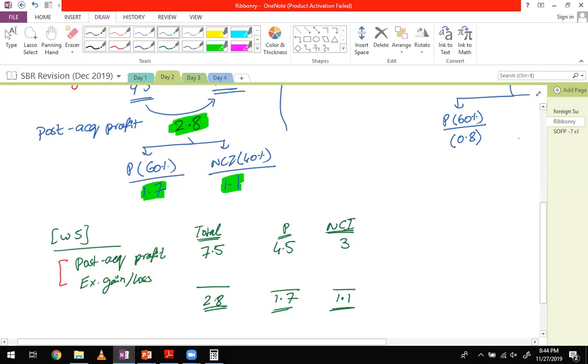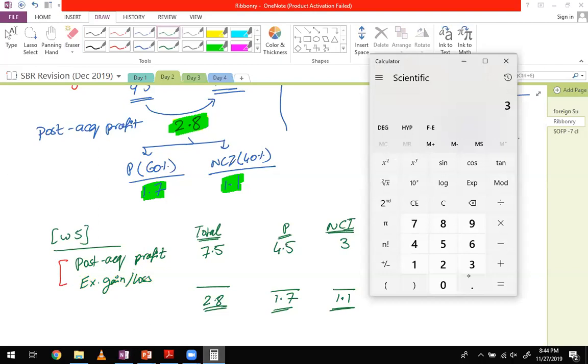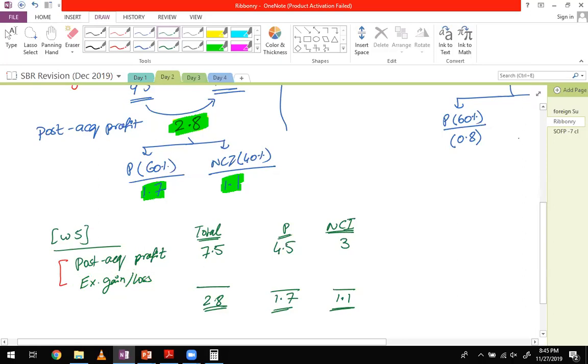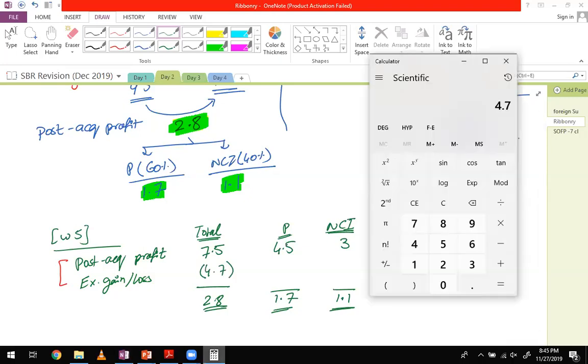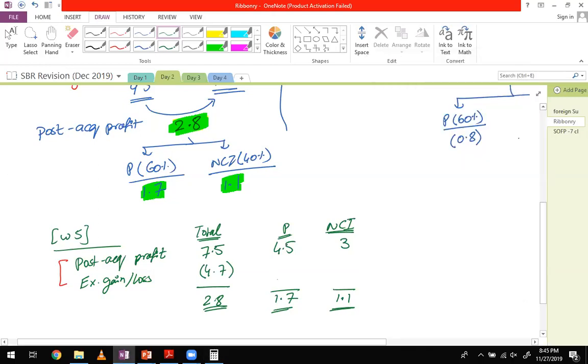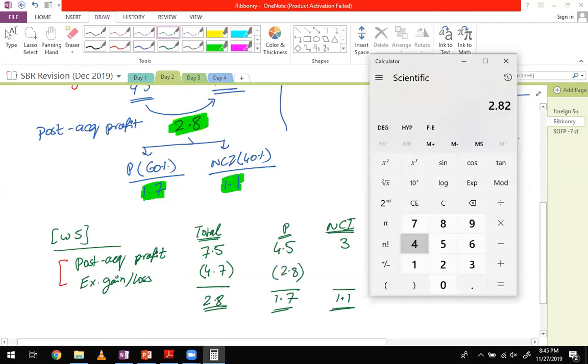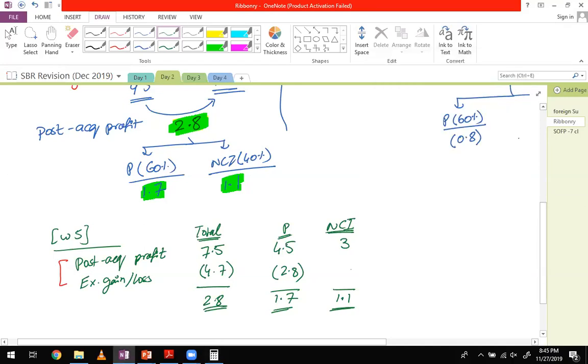So if I calculate the balancing figure, 7.5 minus 2.8 would be 4.7. So 4.7 is the exchange loss. Again, 4.7 into 60% is what belongs to the parent, which is 2.8 negative, and 4.7 into 40% is what belongs to the NCI, which is going to be 1.9.